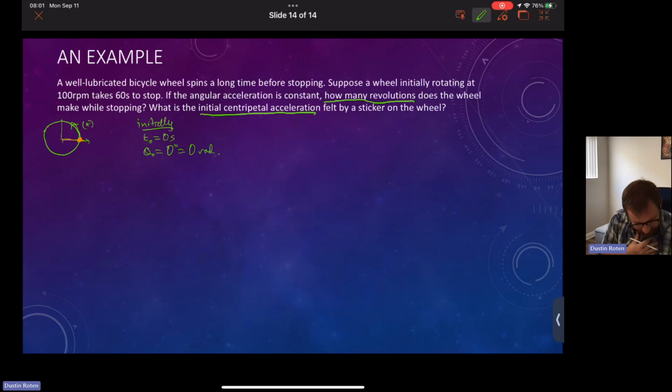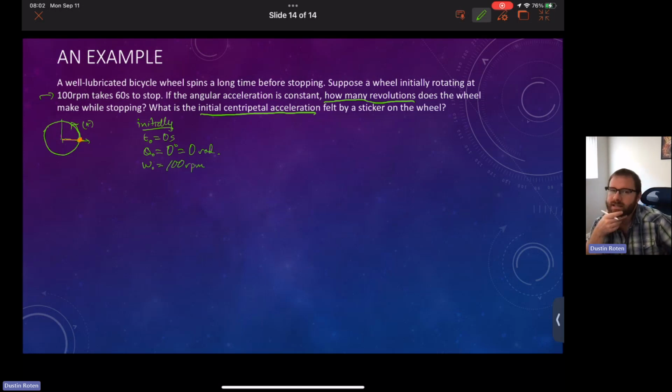Let's see, what else do I know? I know my initial angular velocity is 100 RPM. Now, I know I said that the SI unit for distance and stuff is the radian, but you'll notice we have rotations per minute.